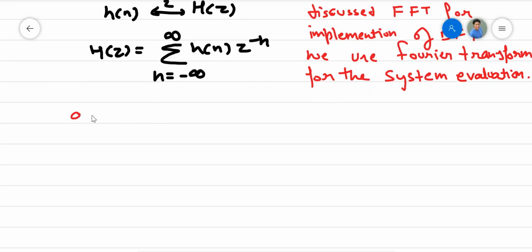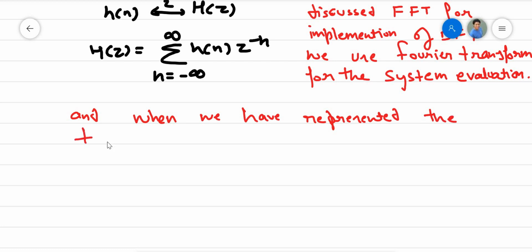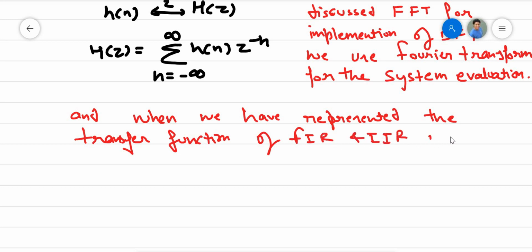And when we represented the transfer functions of FIR and IIR, we used Z transform.